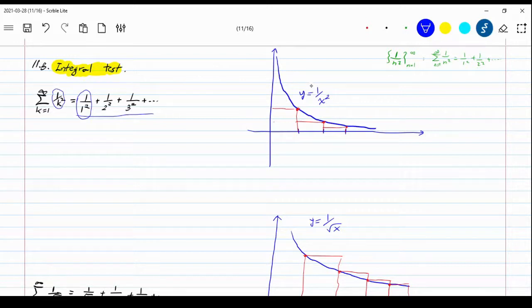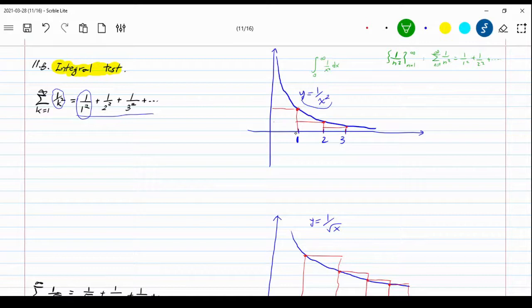If you look at this function, y equals 1 over x squared, and let's say this is 1, 2, 3, and so on. If you remember, to calculate the area under the curve we use integration and say the area under this curve is the integral from, let's say, 0 to infinity of 1 over x squared dx. And if you wanted to approximate this area, we basically use rectangles.